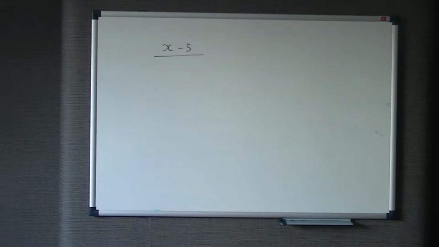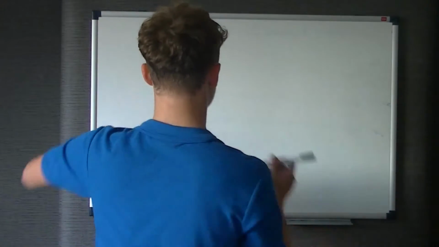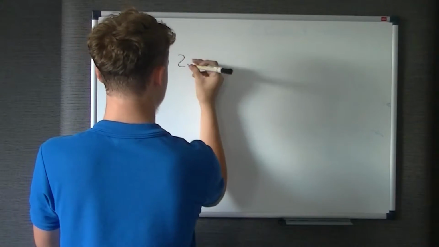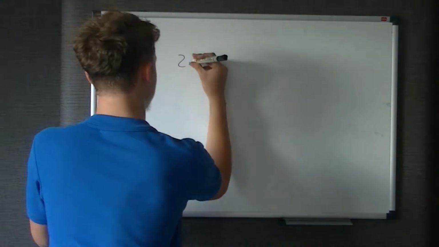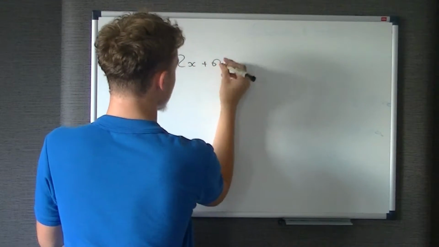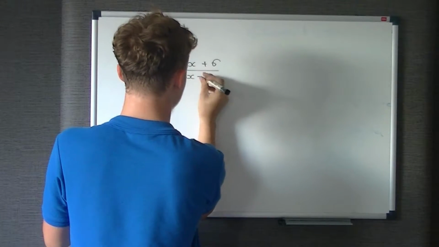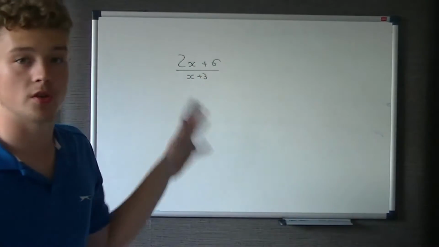I was trying to be clever and use one out of my mind, but it didn't work. So do it quite big. So 2x plus 6 over x plus 3.